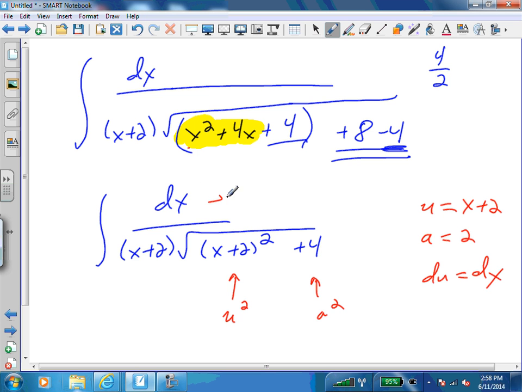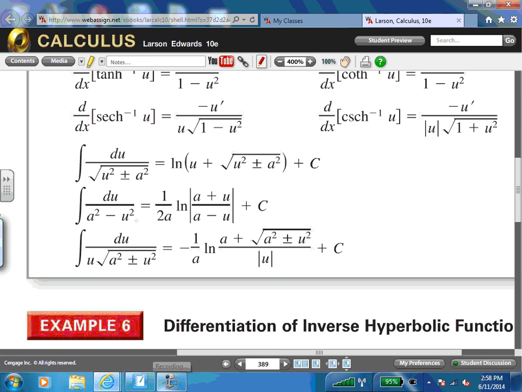So we have du over u times the square root of u squared plus a squared.